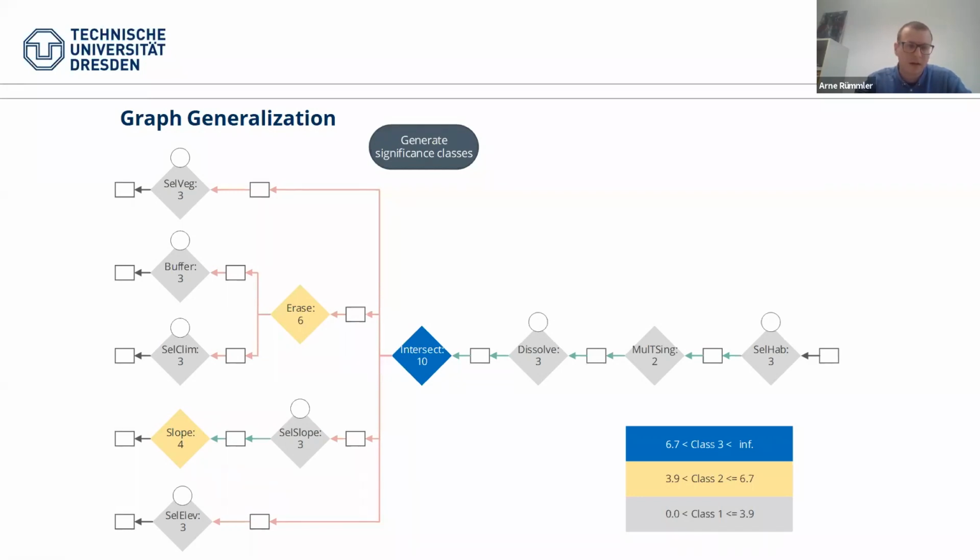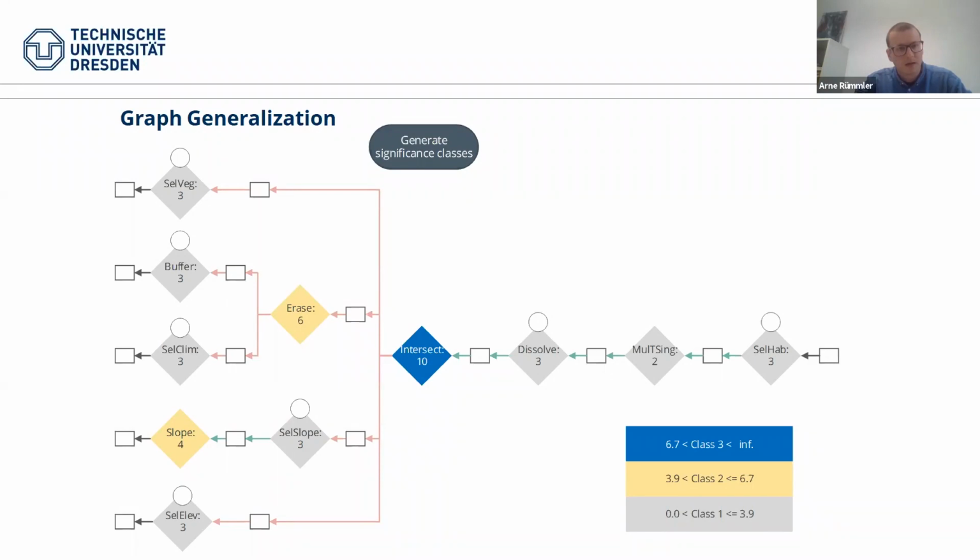For every process, I noted the calculated significance at the bottom. For example, we have the intersect, which has 4 input data sets, 1 output, and 0 parameters, which gives a complexity of 5. And intersect belongs to the category of map overlay, which has the multiplier 2, so we get a value of 10.